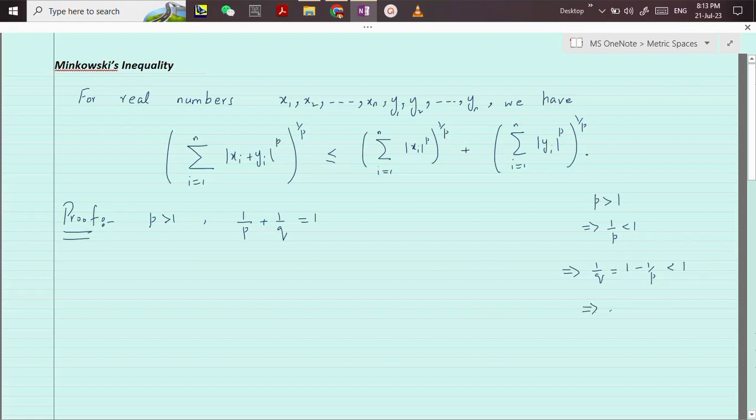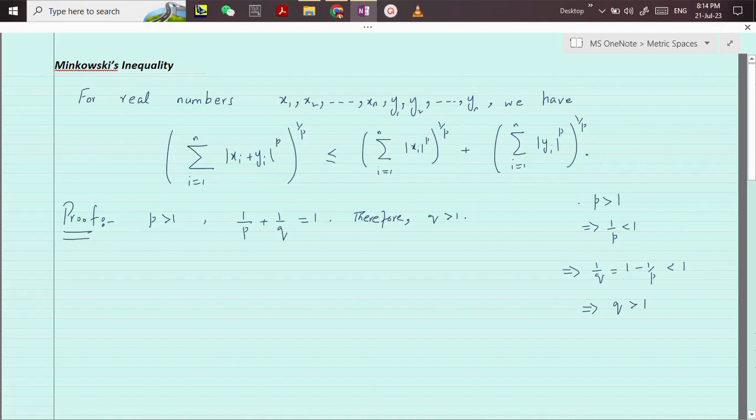So as 1 by q is less than 1, q is greater than 1. Therefore we have q is greater than 1. But in this inequality there is no q, though we shall use it when we apply the Holder's inequality.